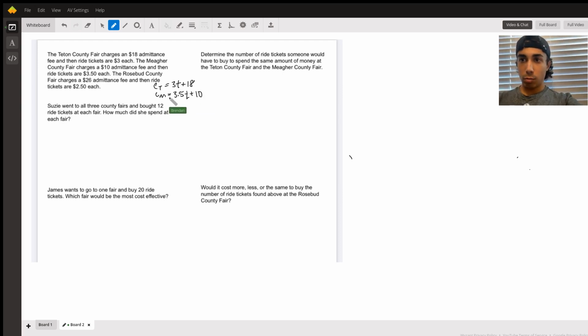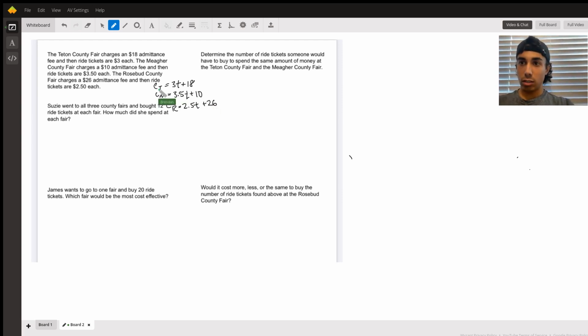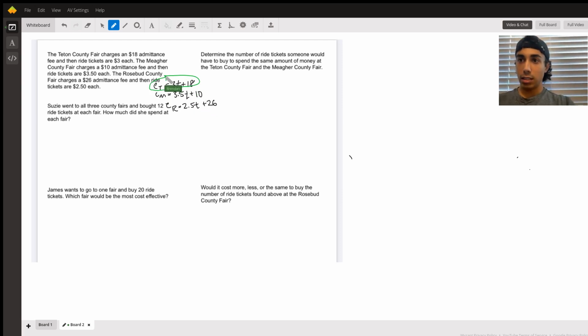And then Rosebud was $2.50 per ticket plus 26 to get in. Those are our equations. In green, we have Teton. In blue, we have Meager. And in red, we have Rosebud.